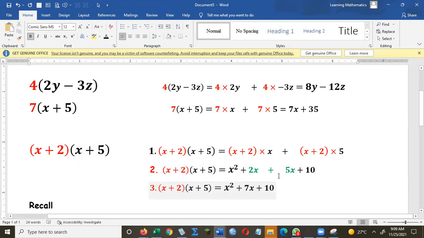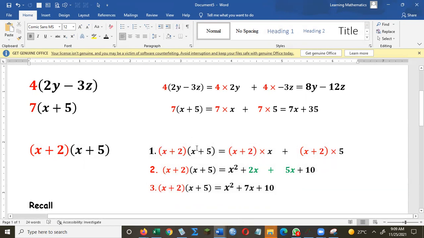So let me go over that again. We are clearing brackets. We have 2 sets of brackets to clear: the x plus 2 in a bracket, first, and x plus 5 in a bracket, second. We clear the x plus 5 in a bracket first by multiplying by x plus 2: x plus 2 times x plus x plus 2 times 5.